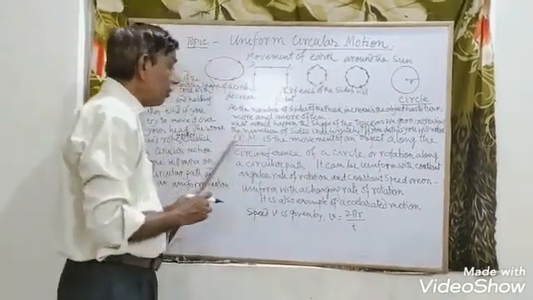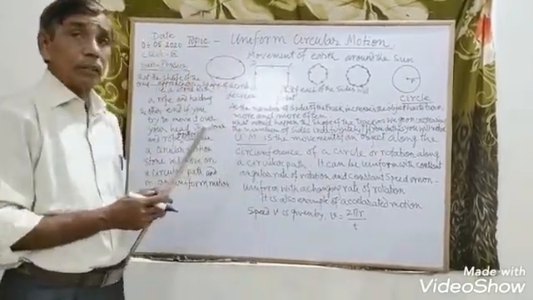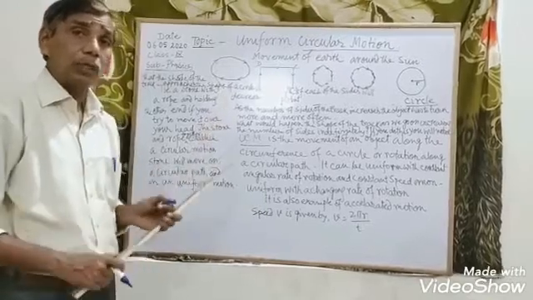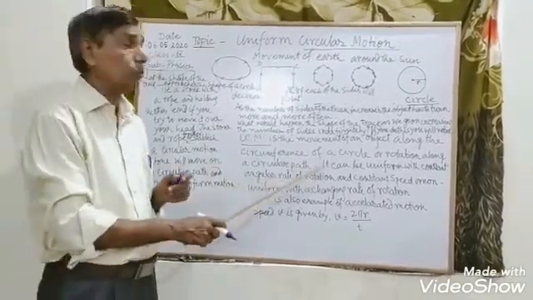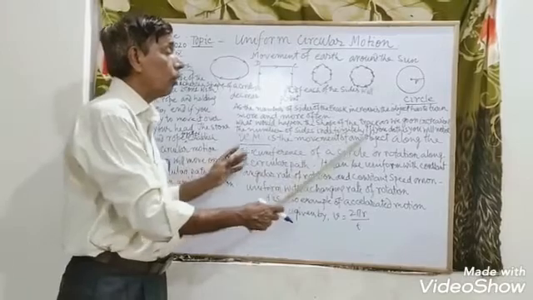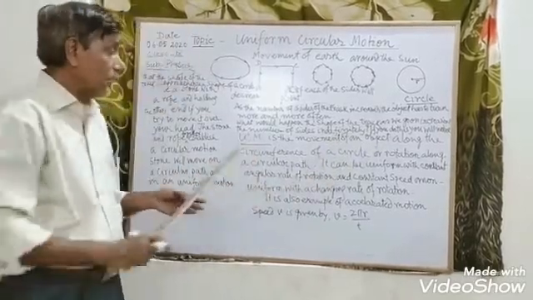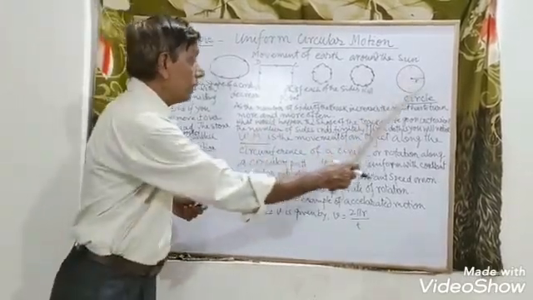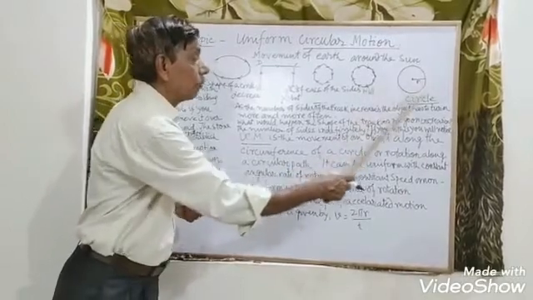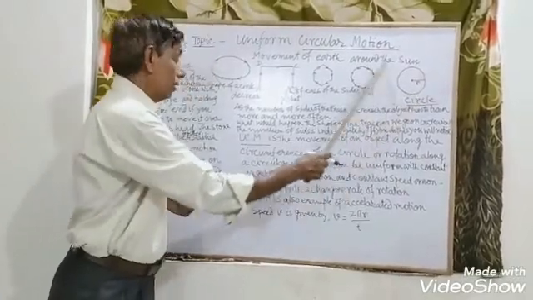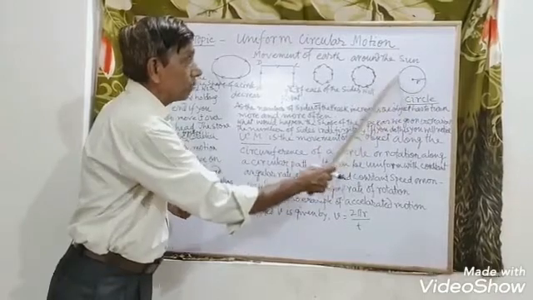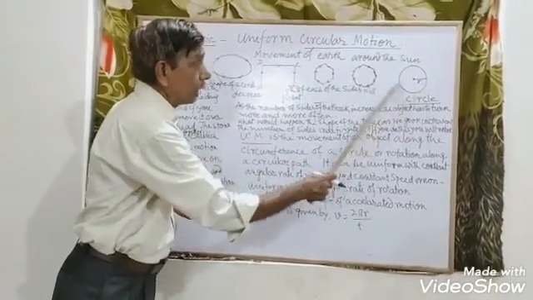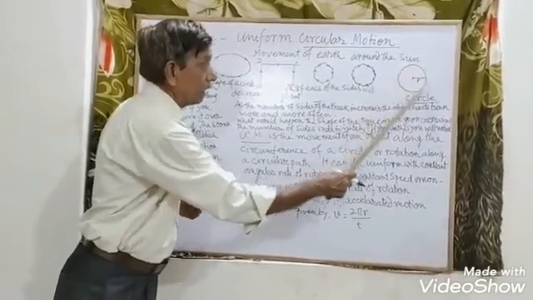So, uniform circular motion. What is uniform circular motion? Uniform circular motion is the movement of an object along the circumference of a circle, or rotation along a circular path, or a rotation of a body on a circular path.